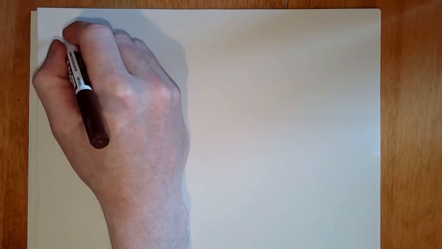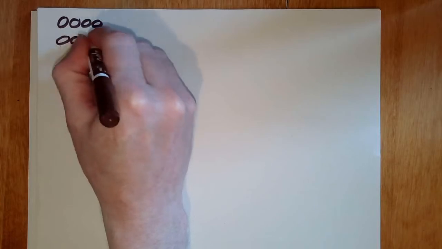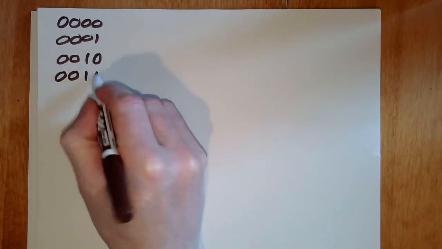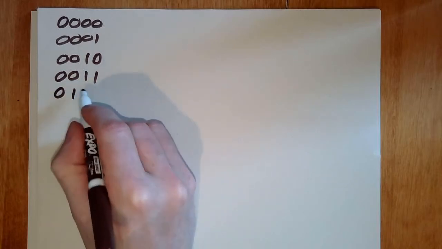And I'm going to take it a little bit further, in light of binary. I'm just going to count in 4-bit binary, and build a distribution of the sums of the bits.